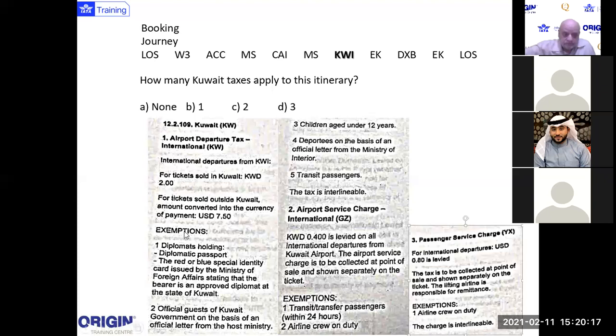So a diplomat, official guests of the Kuwait government, children under 12, deportees. What's a deportee?